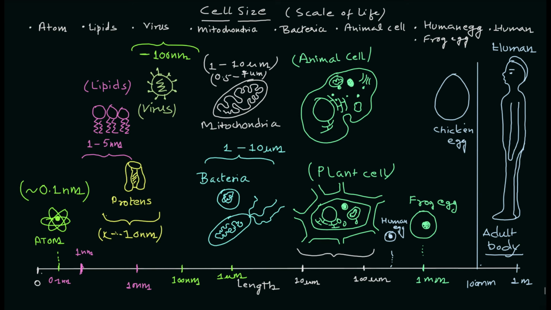So you have a lot of different things that we have discussed in this scale of life. So I hope now you will be remembering the approximate sizes. If you want the specific size of a particular bacterium, the information is available. In general, they will fall into the ranges that we have already discussed.